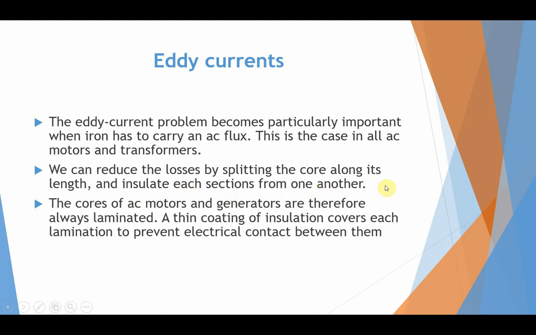That is, we laminate the core, and in this way we reduce the eddy current losses. The cores of AC motors and generators are therefore always laminated. A thin coating of insulation covers each lamination to prevent electrical contact between them, and we insulate each laminated sheet from one another.